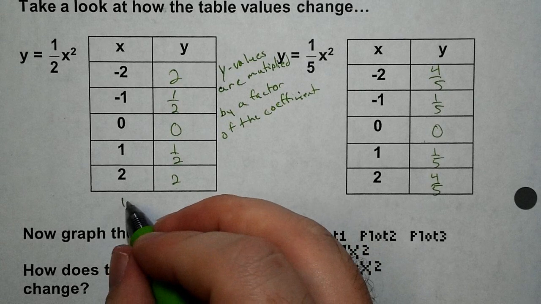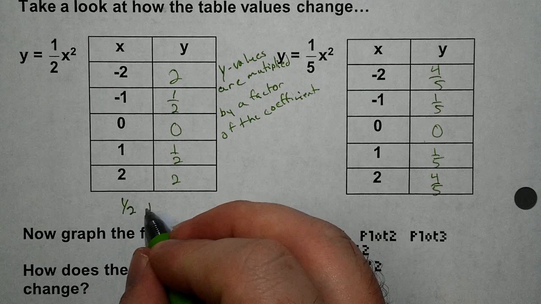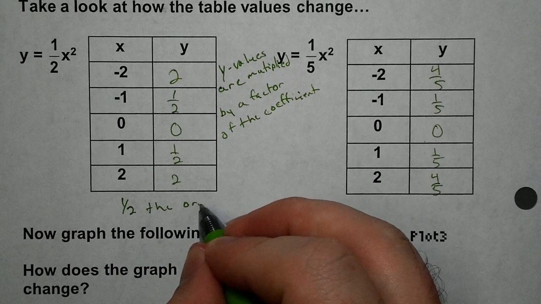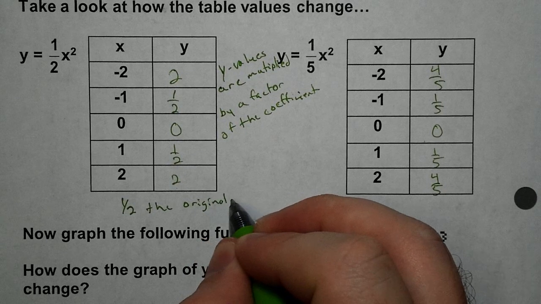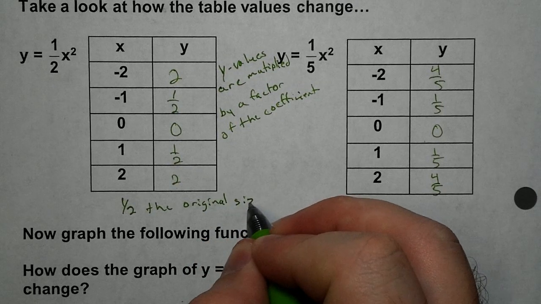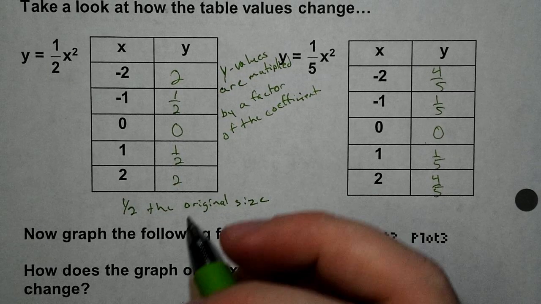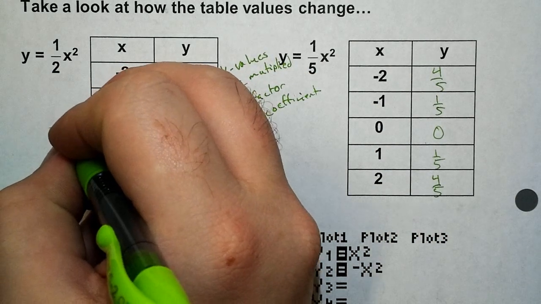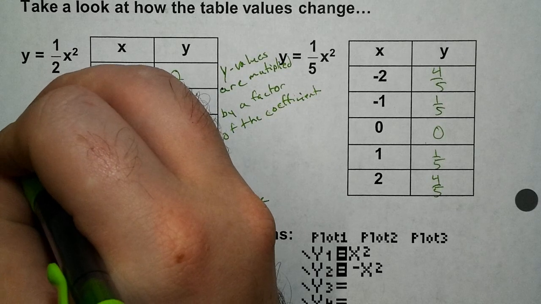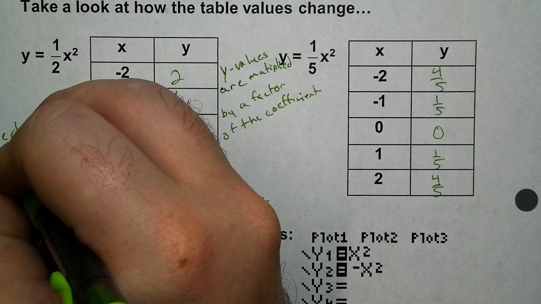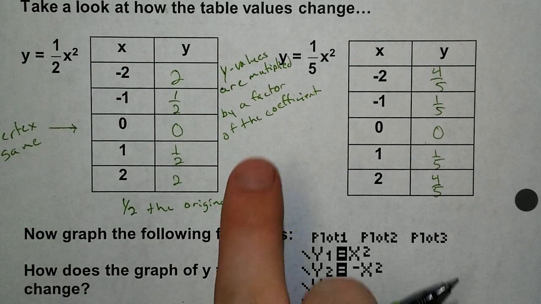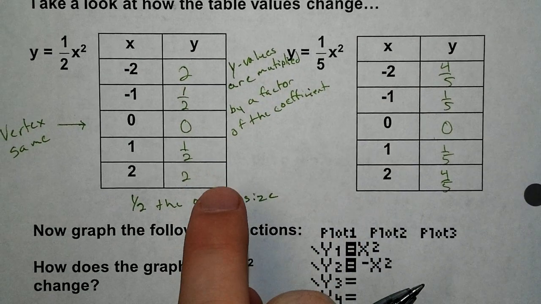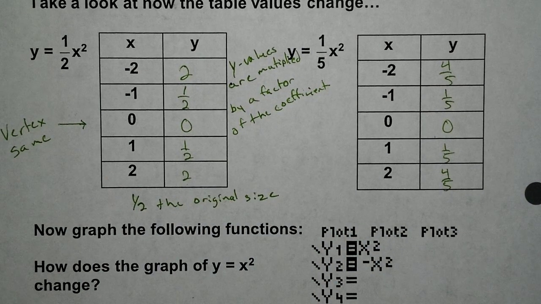They're all 1/2 the original size. But once again, the vertex is still at 0, 0. It didn't move. Other than that, all of our other y values are 1/2 the size of what they started.